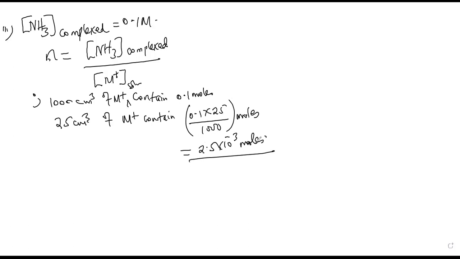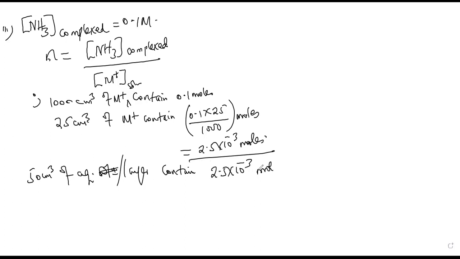But within the metal ions, we added 25 centimeters of ammonia to the 25, so it became 50 in total in aqueous solution. So 50 cubic centimeters of aqueous layer will be containing the 2.5 exponent negative 3 moles of M plus ions.